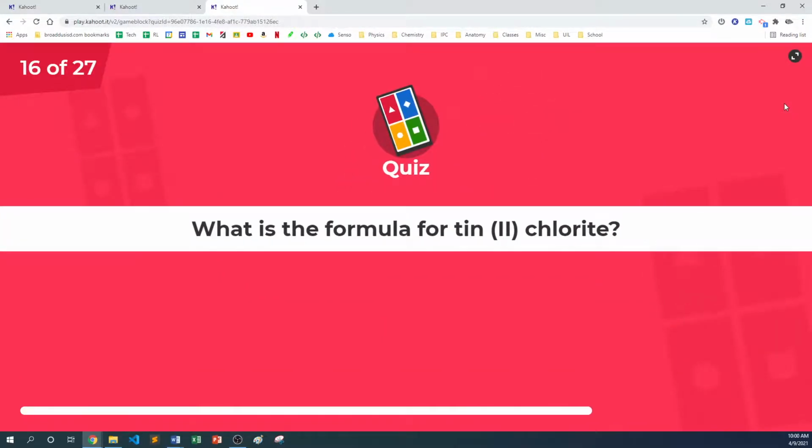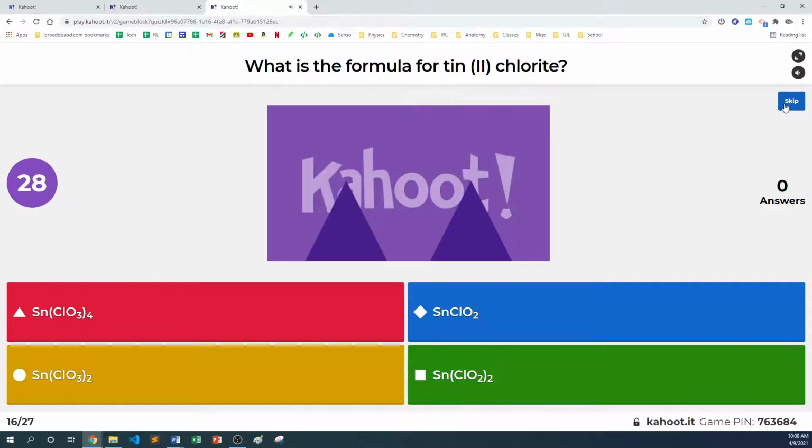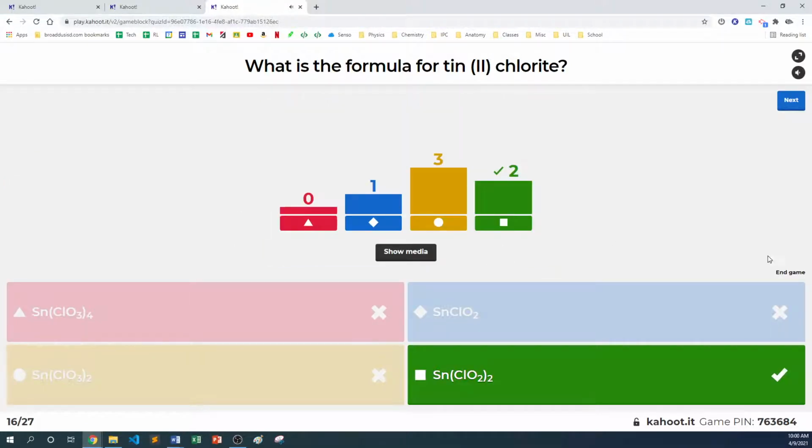What is the formula for tin(II) chlorite? Chlorite is ClO2, and it has a -1 charge. You got it right.